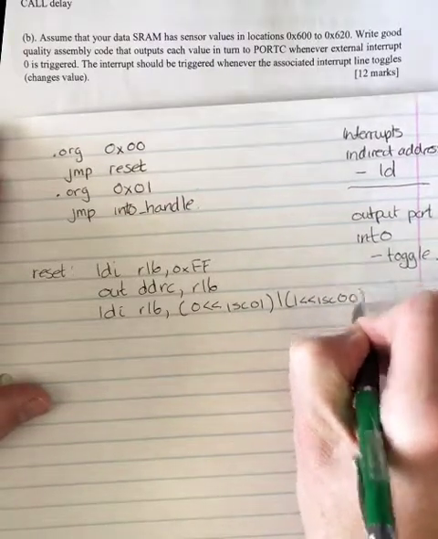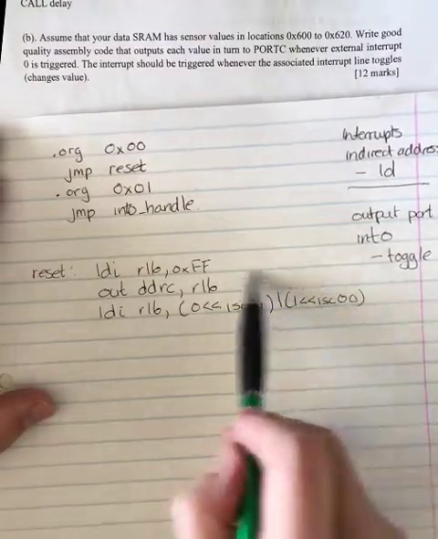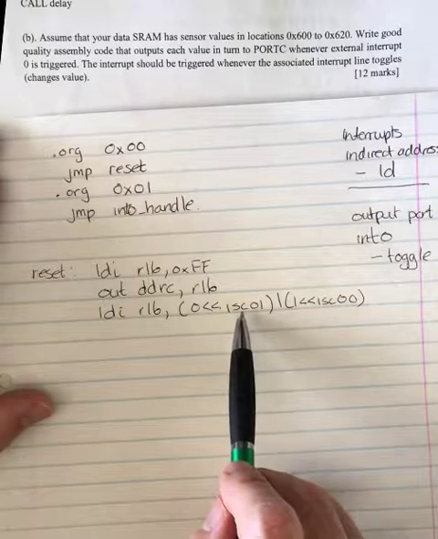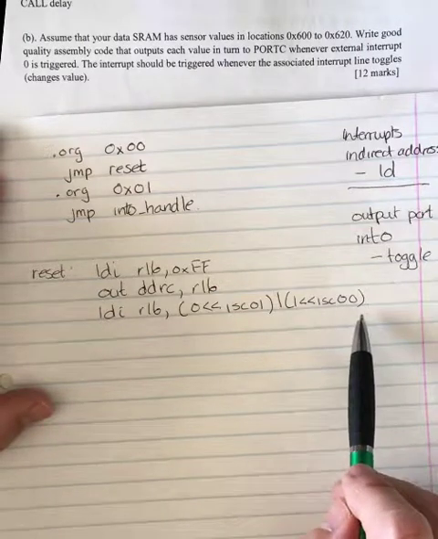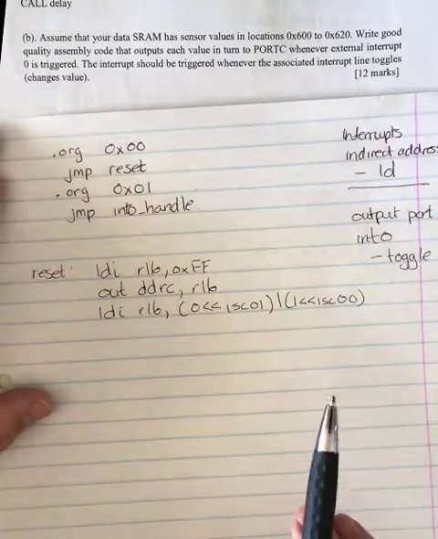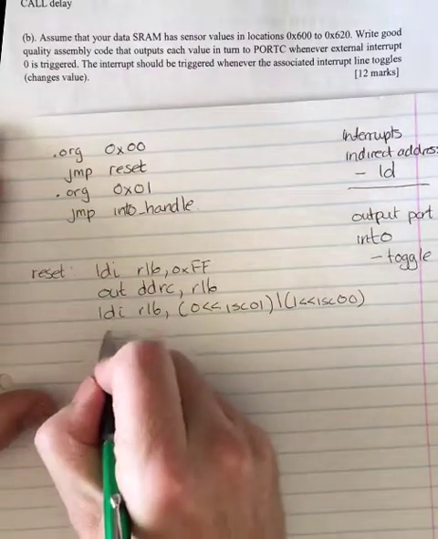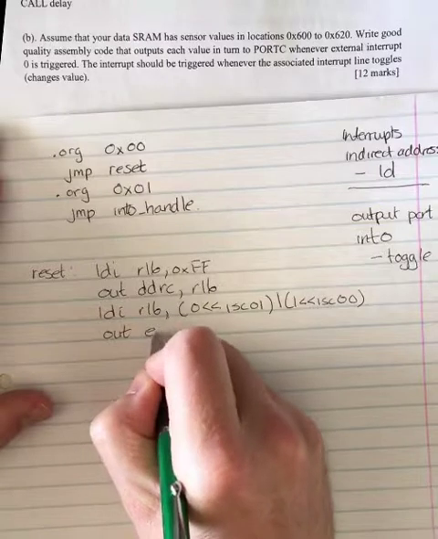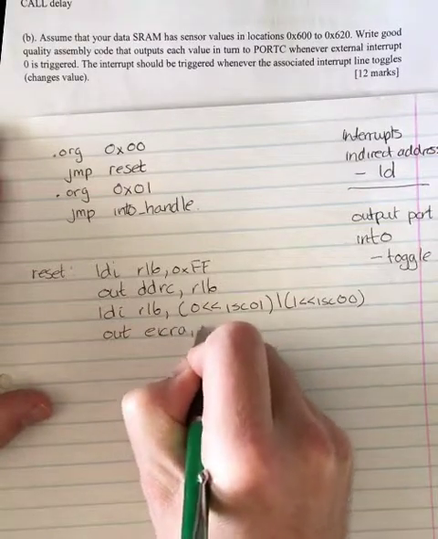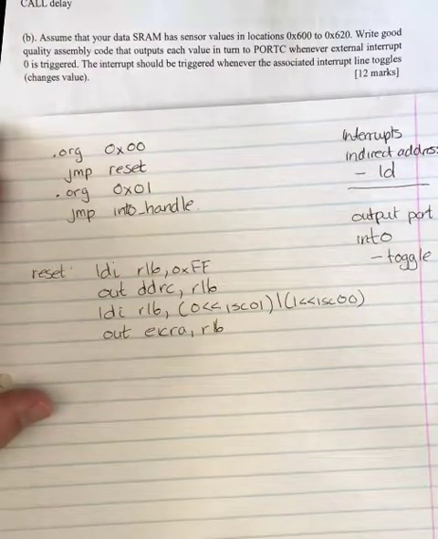There are people in their answer who set up a bit pattern over here. This is a much better solution because it's portable across multiple devices. Whereas if you just put a bit pattern that works for one device, it may not work for another device. So it's much better to do it this way. And then we will output that value into EICRA.